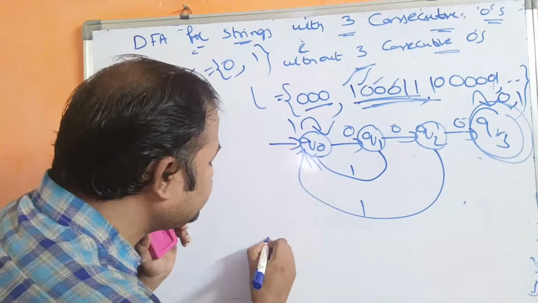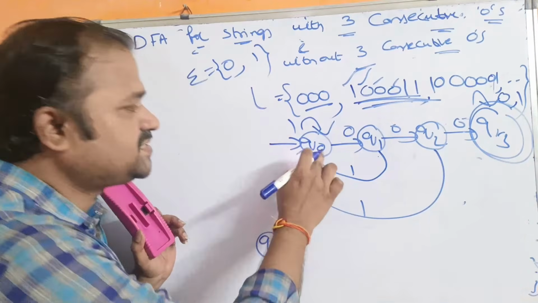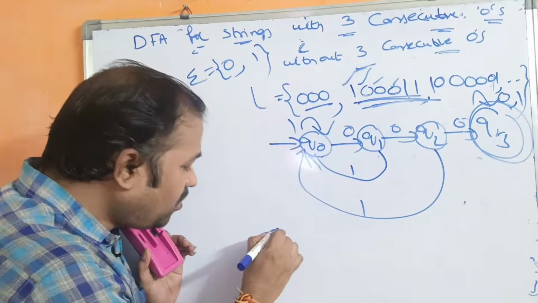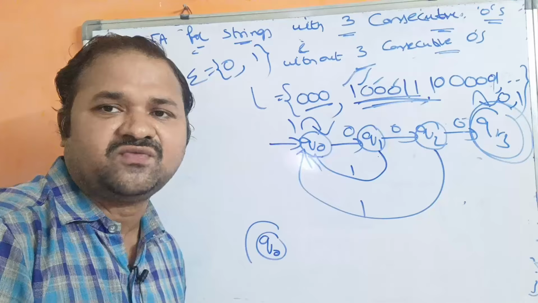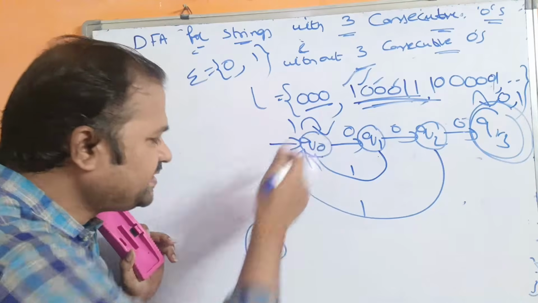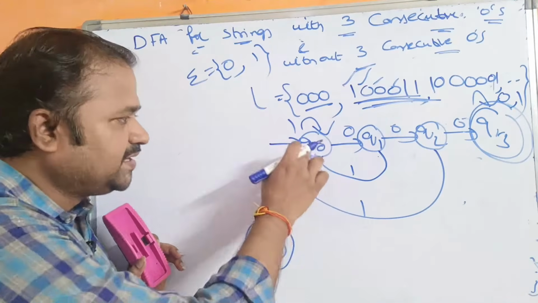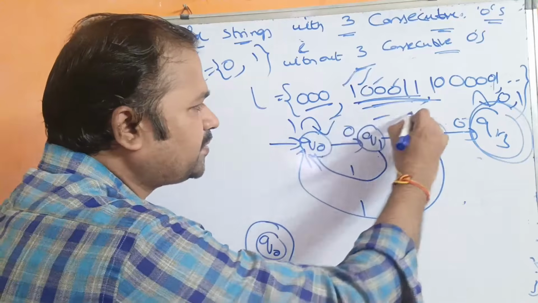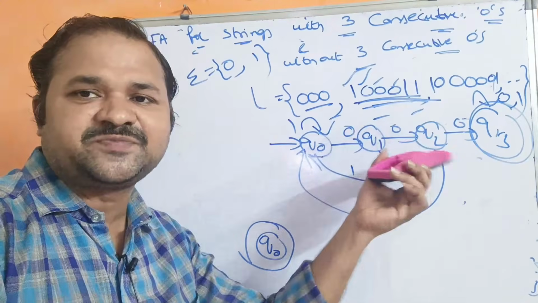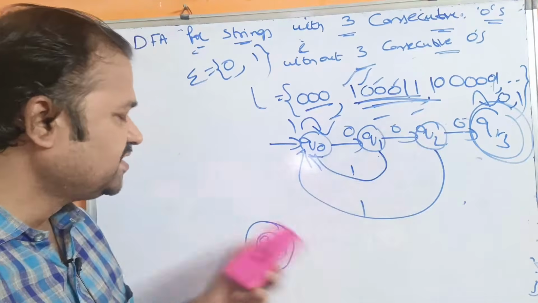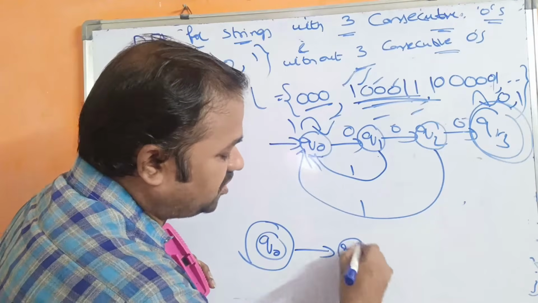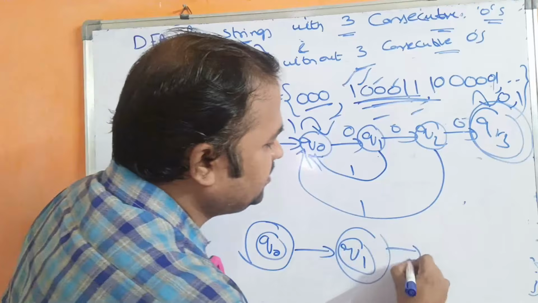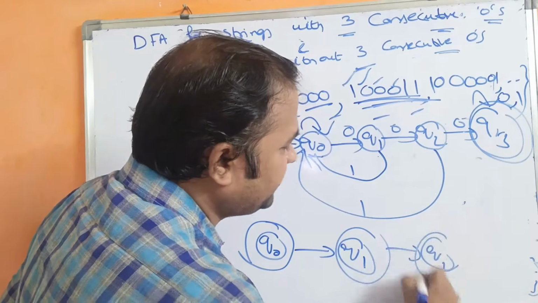Here Q0 is a non-final state. So if we want to design a DFA without 3 consecutive zeros, Q0, Q1, Q2 are non-final states, so let us make those 3 states final states. Next, Q1 will also become a final state. Q2 will also become a final state.